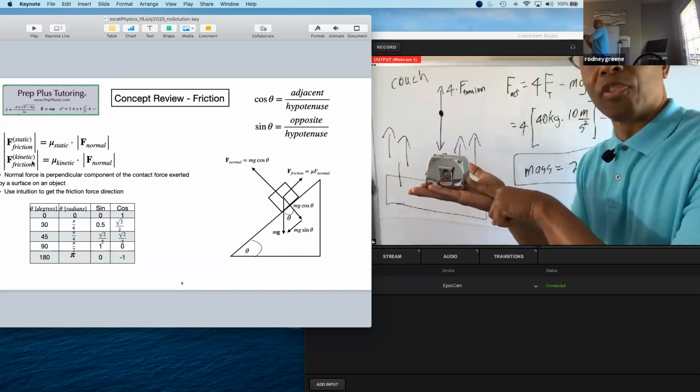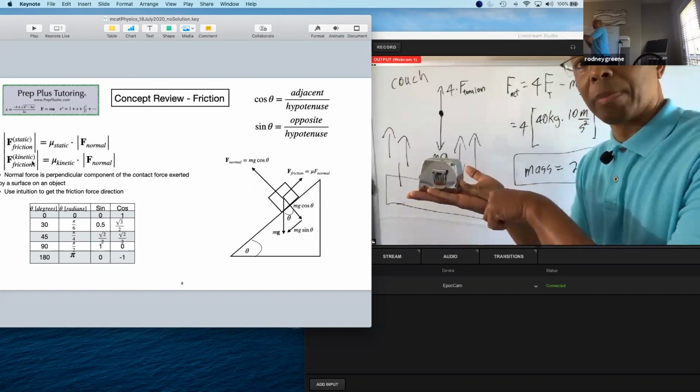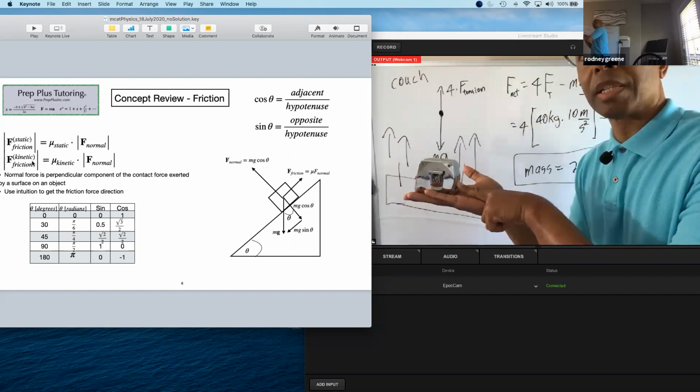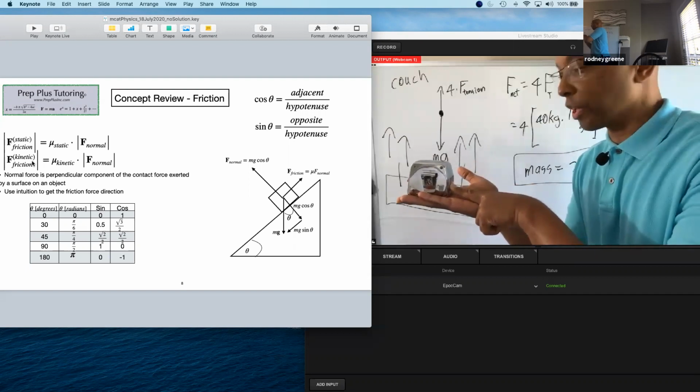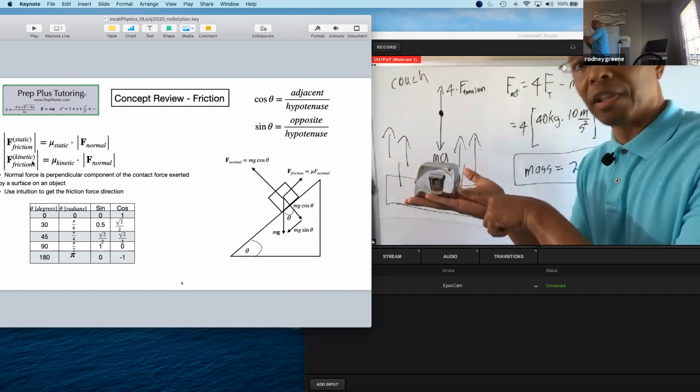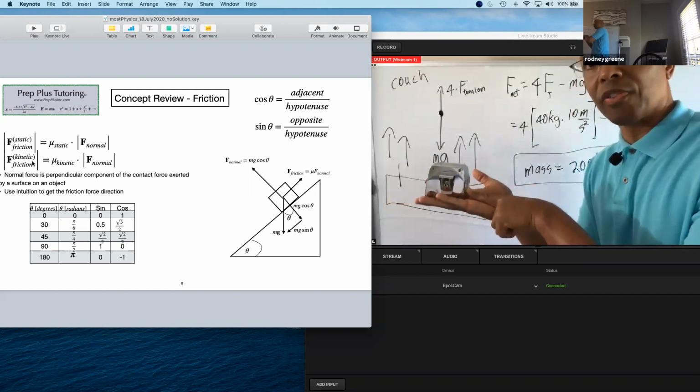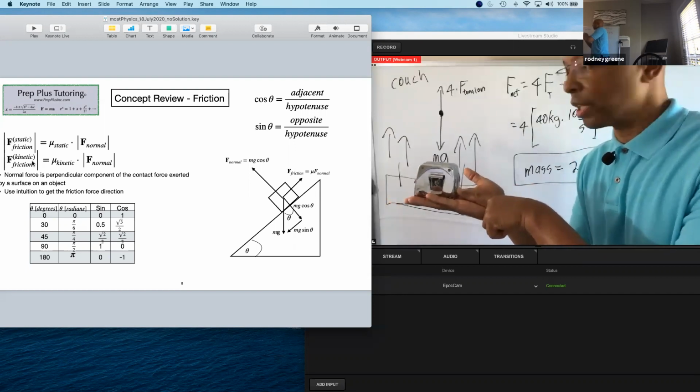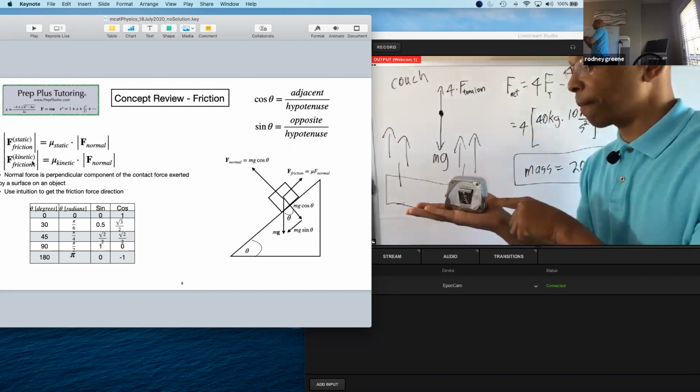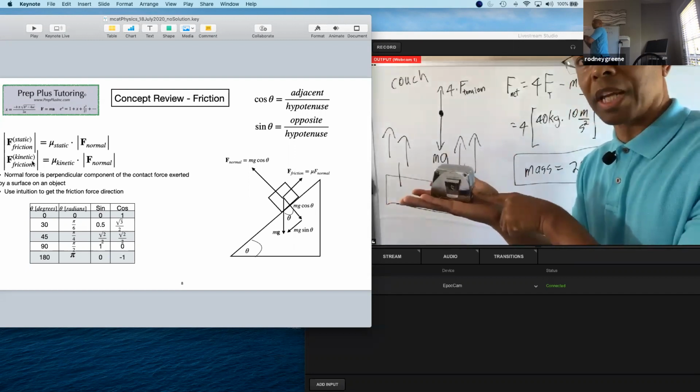But there's still friction going on. The friction that is applicable is kinetic or dynamic friction, and that has a different coefficient of friction. It's the coefficient of dynamic friction. So once this thing starts moving, you use the coefficient of dynamic friction.